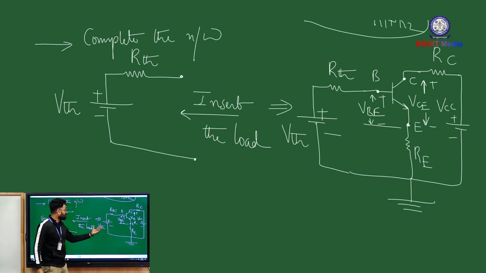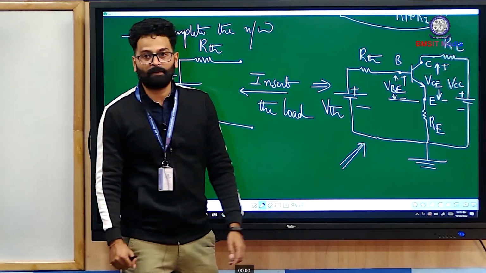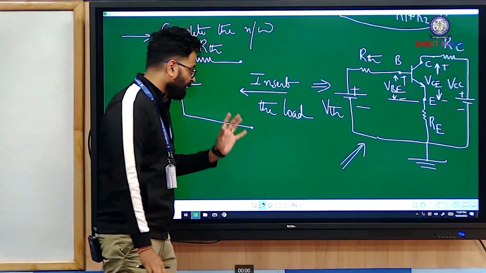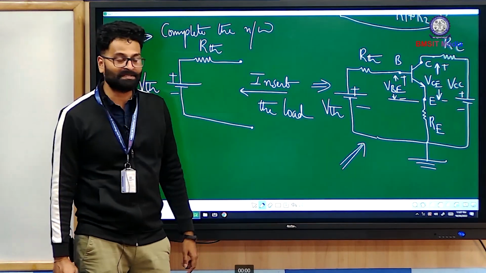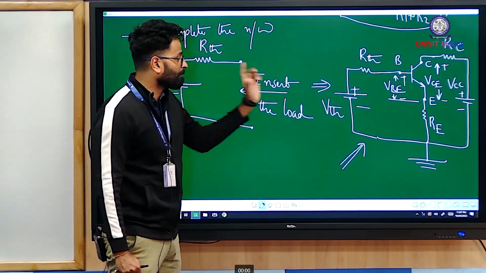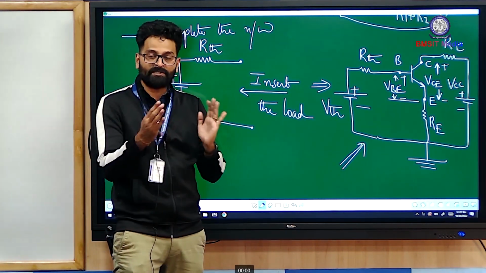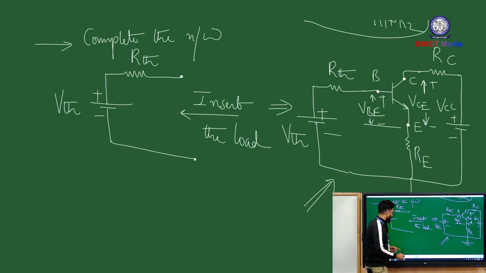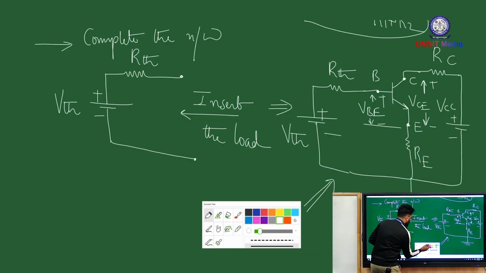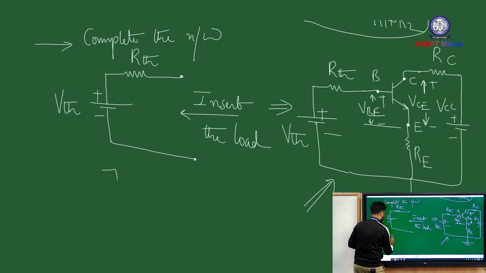Okay, now this is your Thevenin's network. Okay, Thevenin's network. Now the advantage of this Thevenin's theorem is that if you do a 1:1 comparison with the emitter bias network, okay, I'll just write. So let's say whatever I have written in white belongs to voltage divider bias.